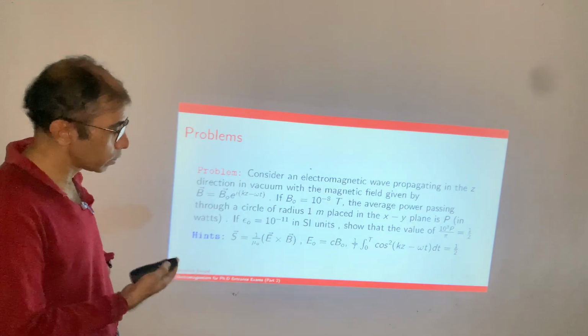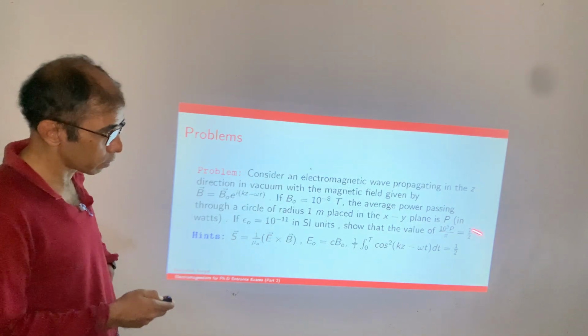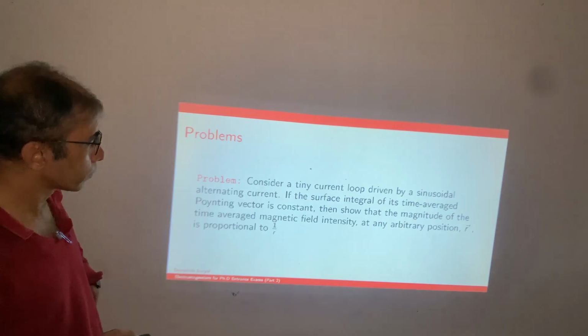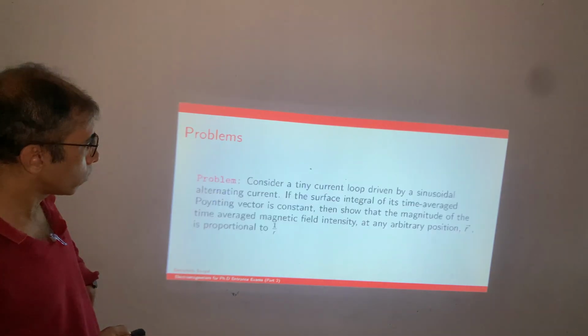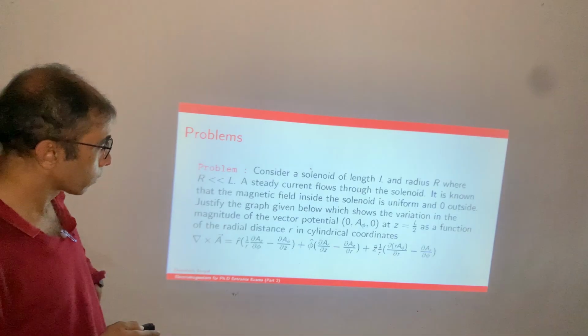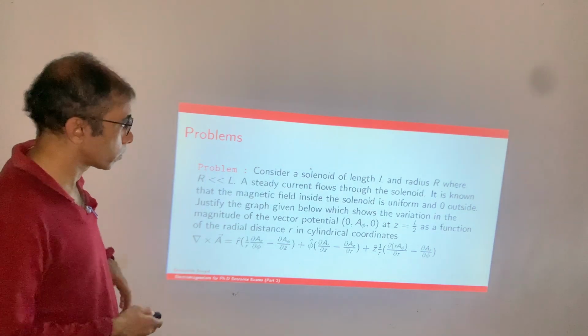So we can use these relations and find out what this expression is. Okay, we will not do this problem now. We will do this problem later. We'll stop after doing this next problem.